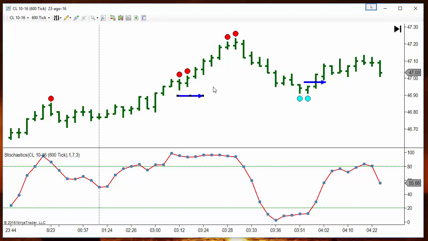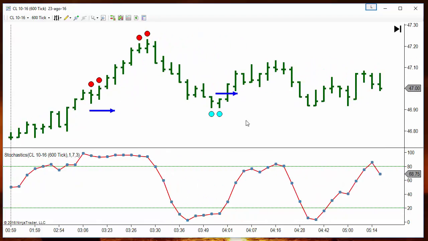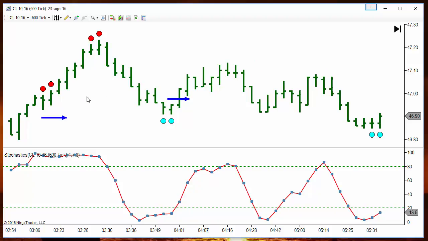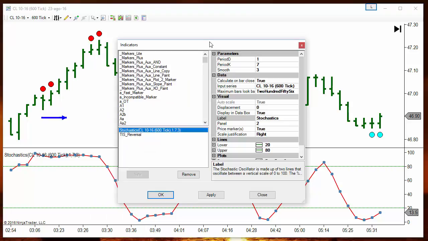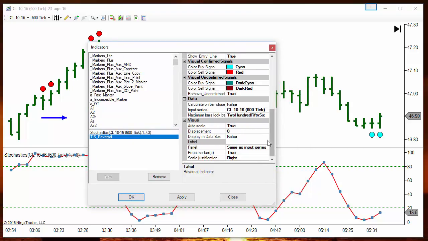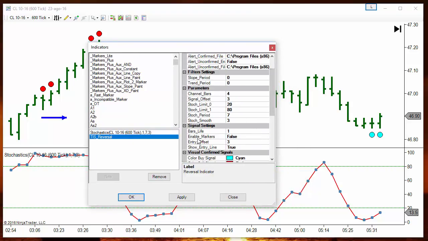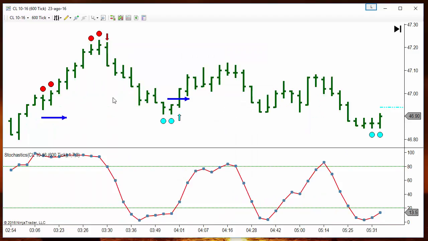So we are waiting, after the reversal signal, for a reversal bar confirming our signal. All this can be done with the reversal indicator. It also has the RBO entries we can enable, using, in this example, an offset of 3 ticks.